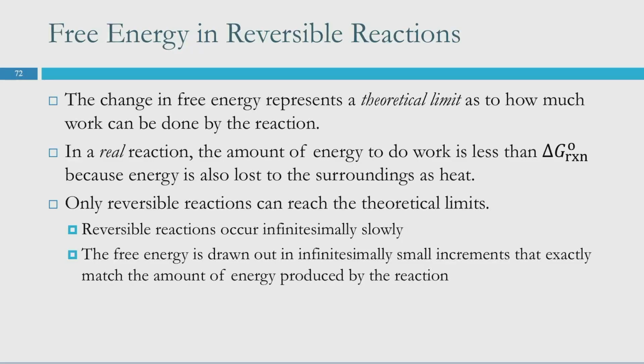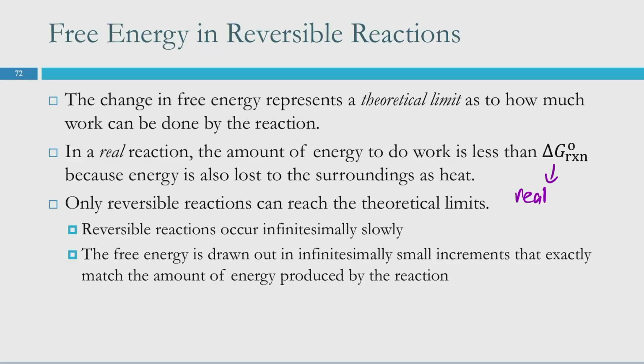Our chickens do not exist as point masses that are spherical and have zero friction. That's the physics ideal world. We live in the real world, so this theoretical limit is not exactly accurate. We're going to lose more heat than our theoretical limit of this.